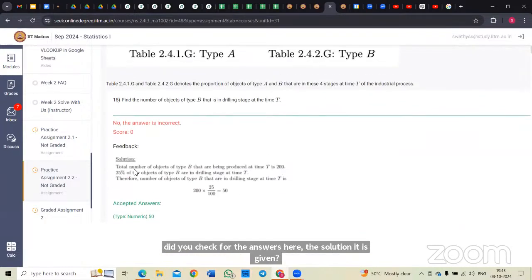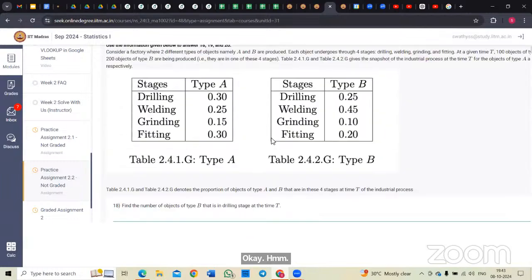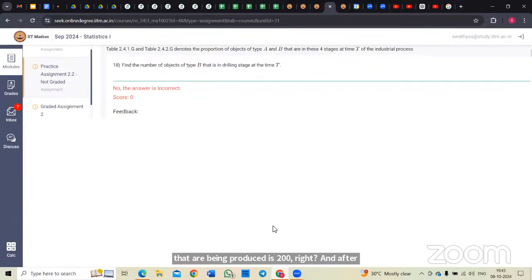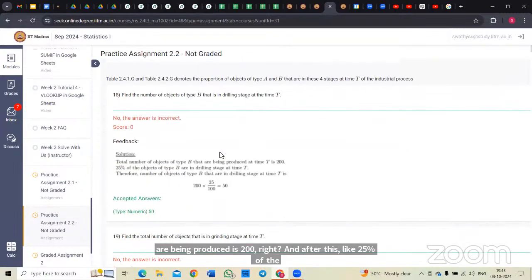See, the total number of objects of type B being produced is 200, right? And 25% of the objects are in drilling stage.